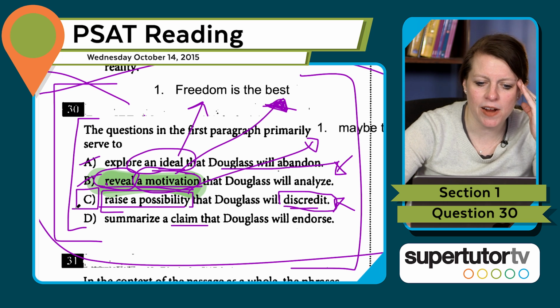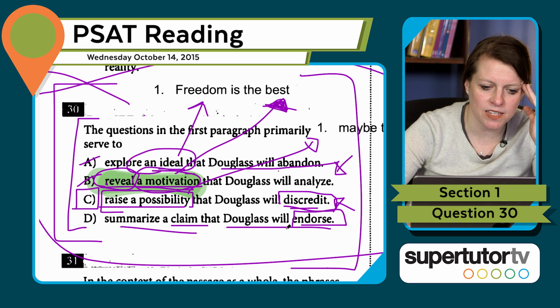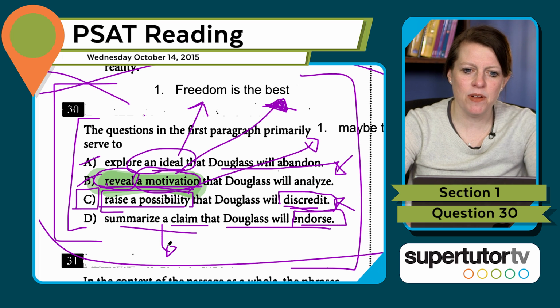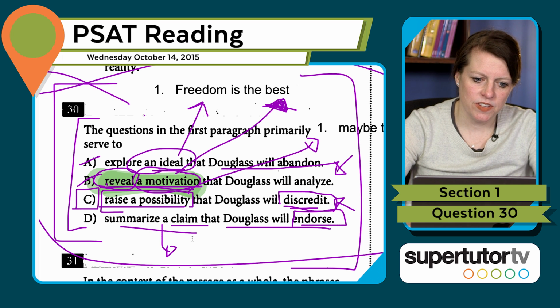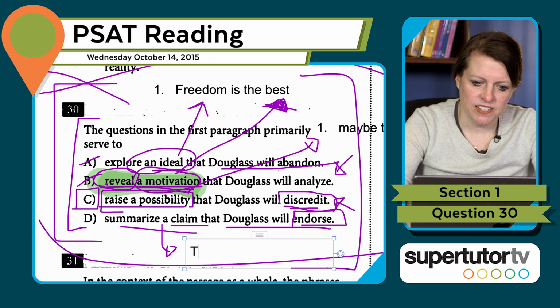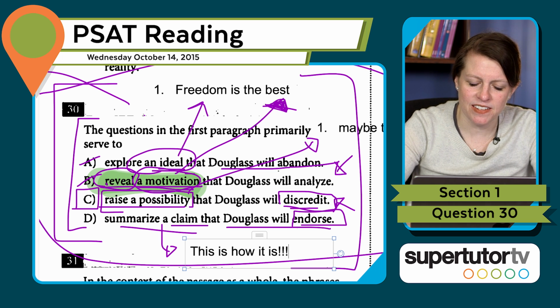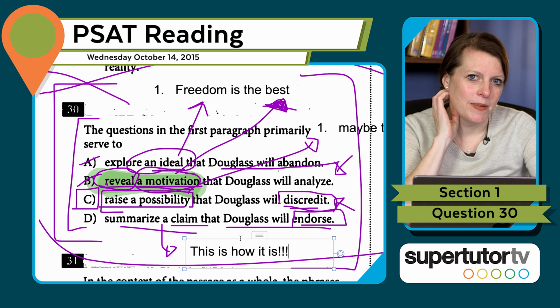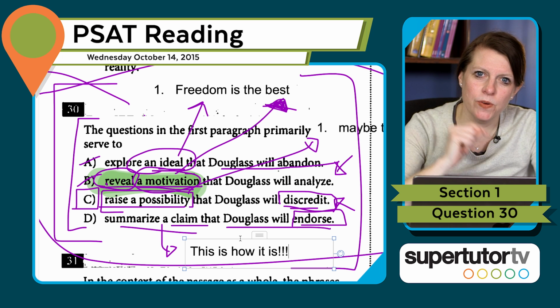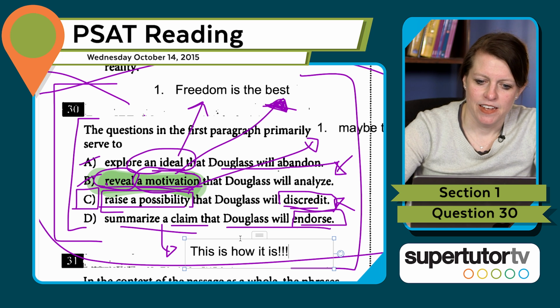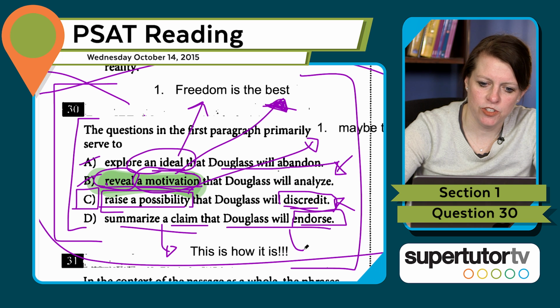Okay, now we have summarize a claim that Douglass will endorse. So what does it mean to summarize a claim? This means, this is how it is, right? A claim doesn't sound like a question, you guys, though, right? This is how it is. This is why you've brought me here. Here is what's really important in life. That Douglass will endorse.